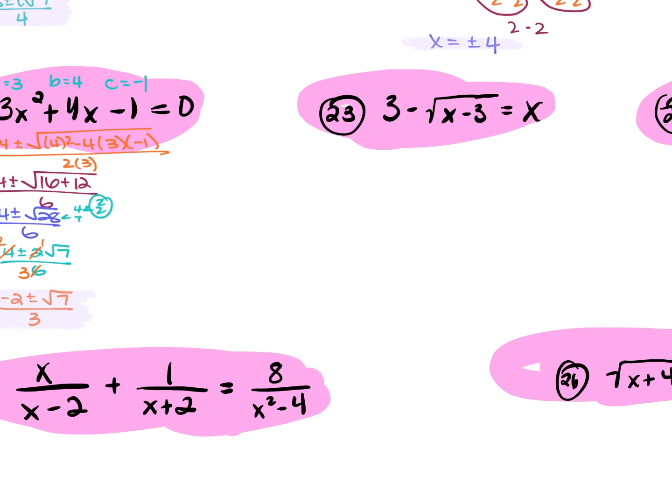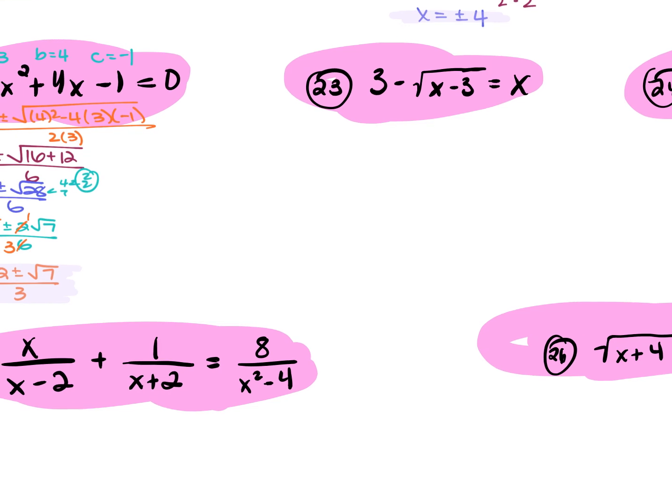For 23, you have 3 minus the square root of x minus 3 is equal to x. You have to first isolate the radical with these types of equations. So we're going to move the 3 over, then we're going to divide each side by that negative. So to move the 3 over, we subtract it from each side.